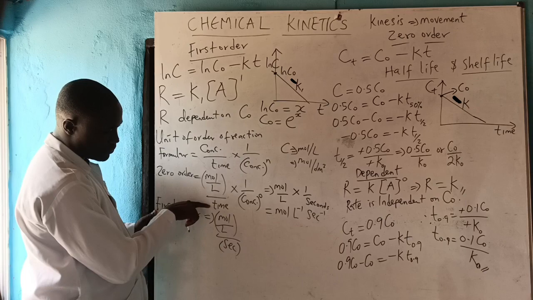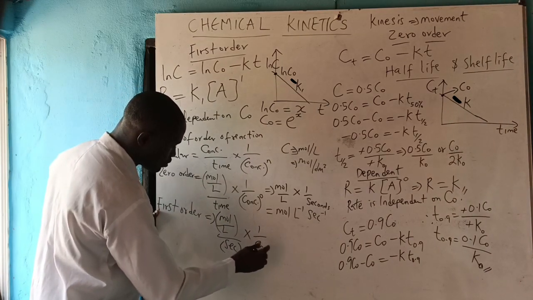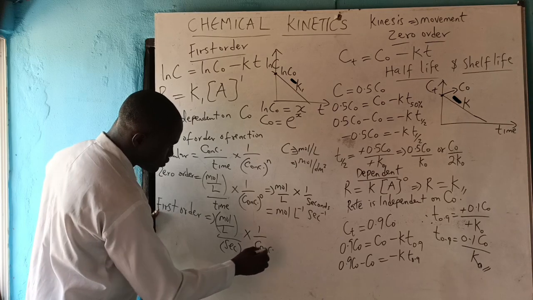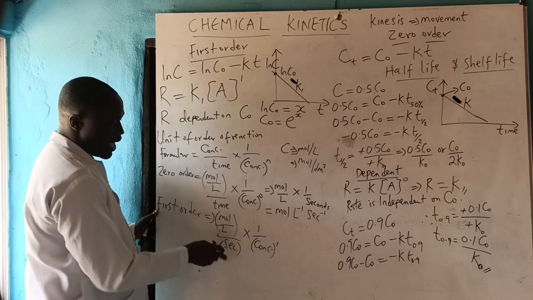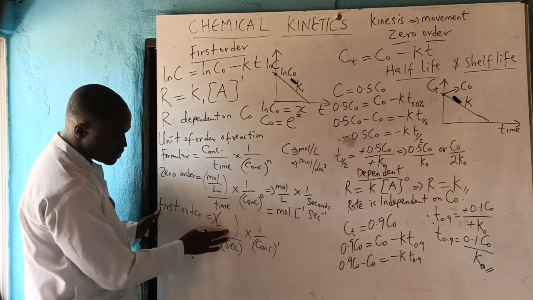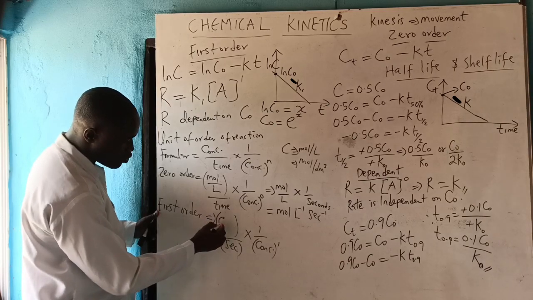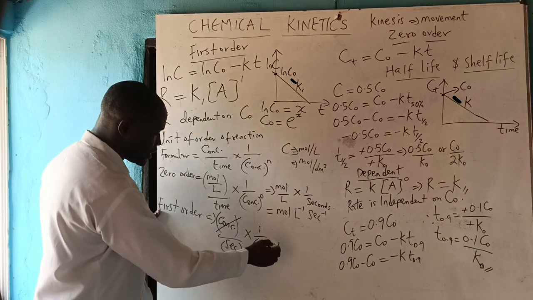That is the time. Times what? 1 over conc raised to power of what? 1. Now, this is a concentration which we say is mole per liter, right? Yes. So we replace it with conc. Okay, we cancel this.